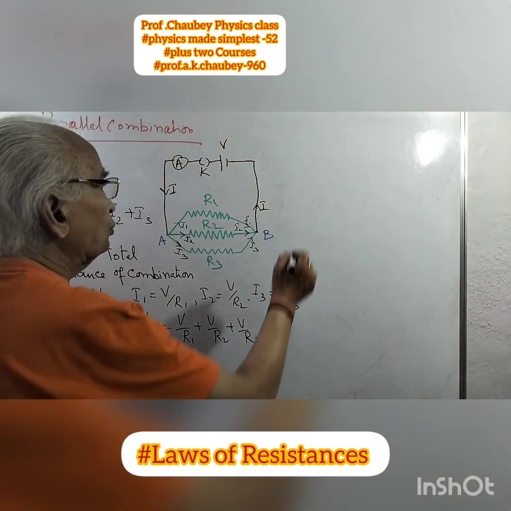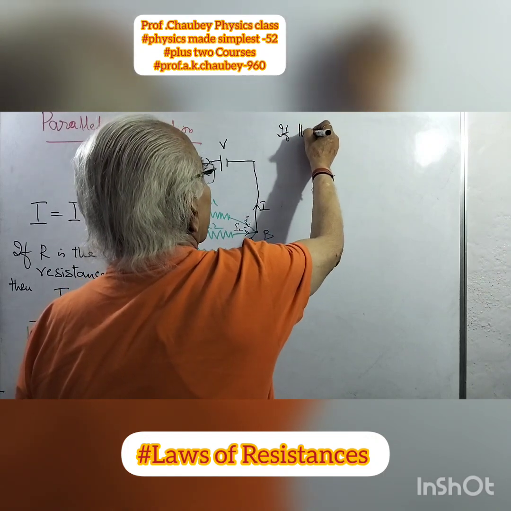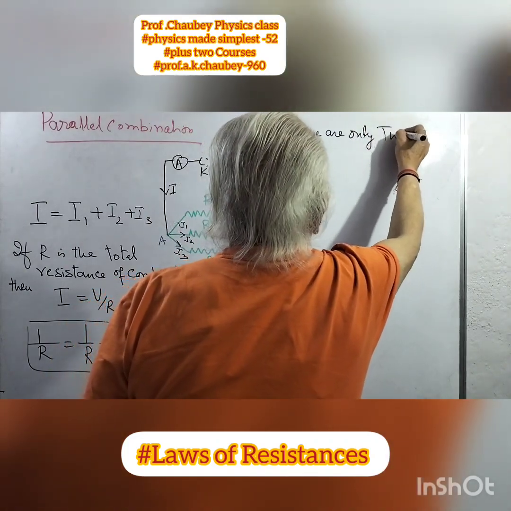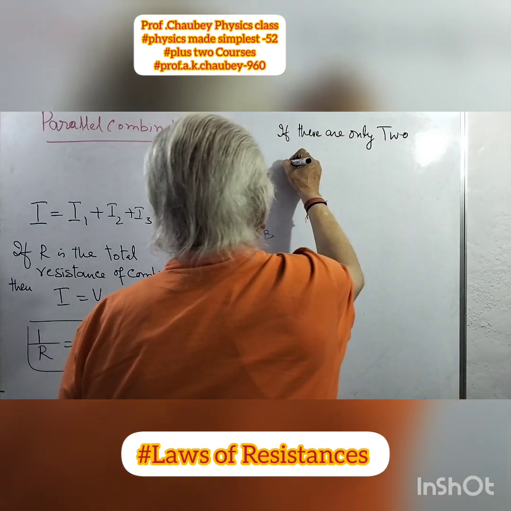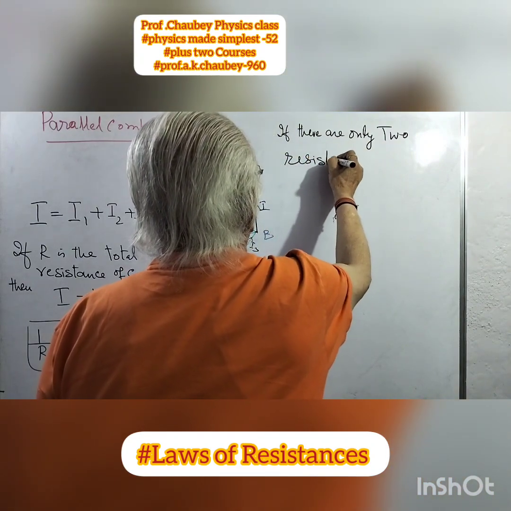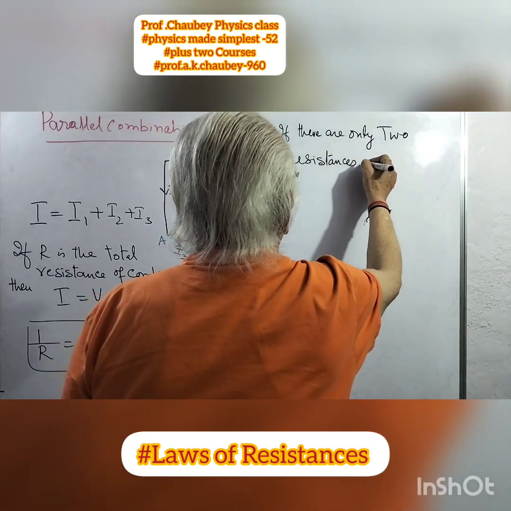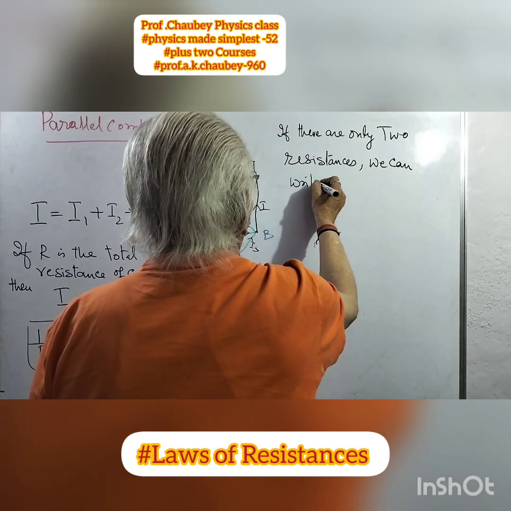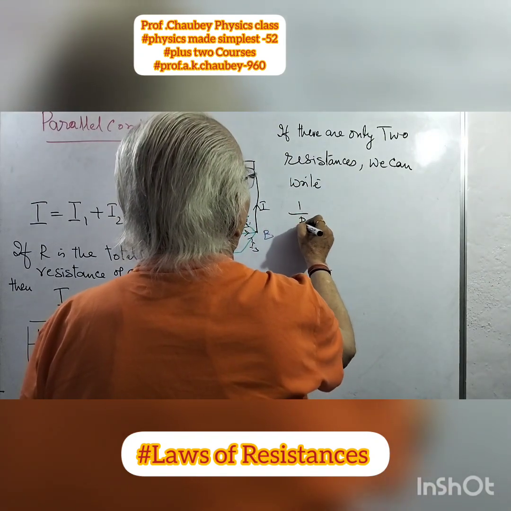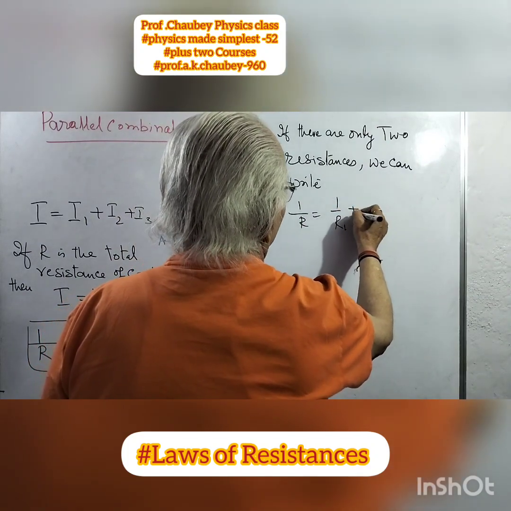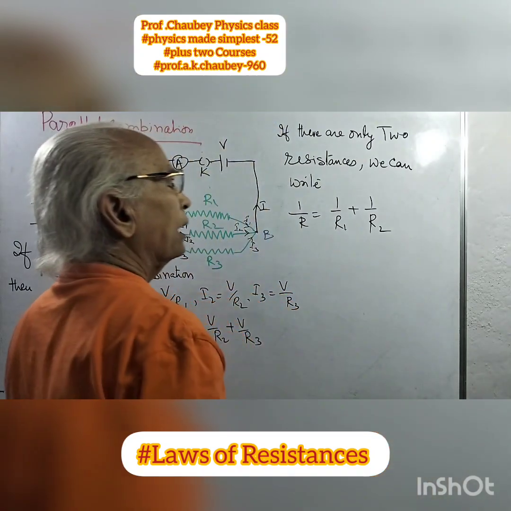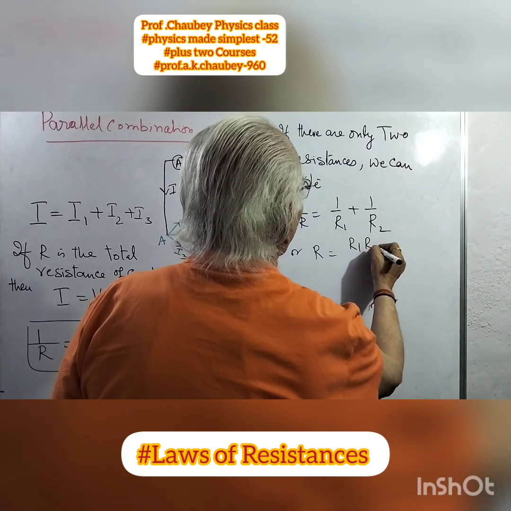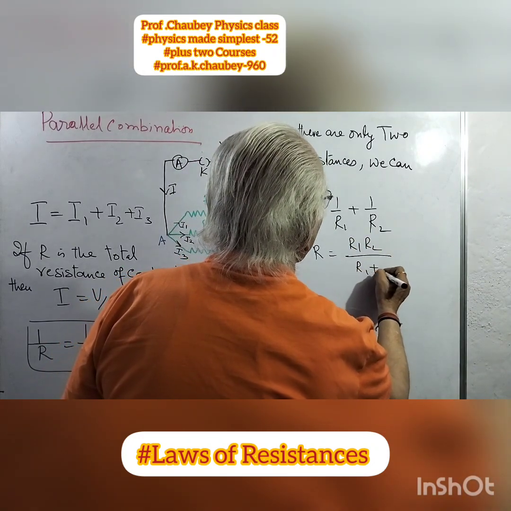If there are only two resistances, we can write that 1 over R is equal to 1 over R1 plus 1 over R2, or R is equal to R1 R2 divided by R1 plus R2.